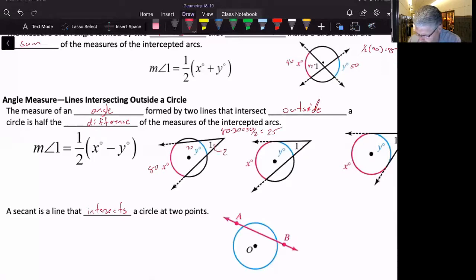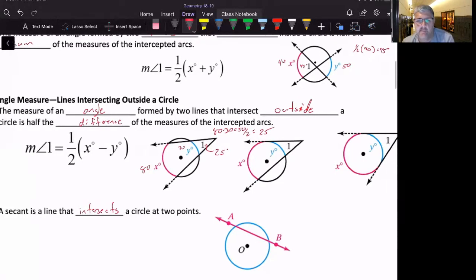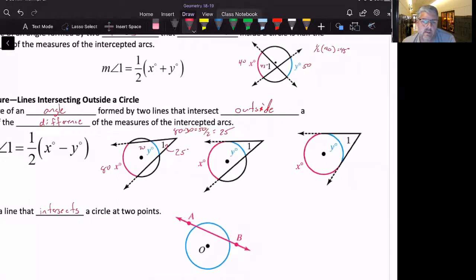So angle 1 here would be 25 degrees. No big deal. And that doesn't matter whether the lines, segments, rays, whatever, both pass through the circle, or one or both could be tangent to the circle. It works the same way. Subtract, divide by 2, if they intersect outside the circle.